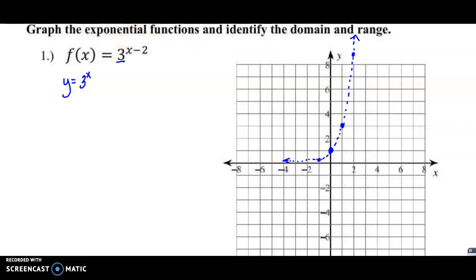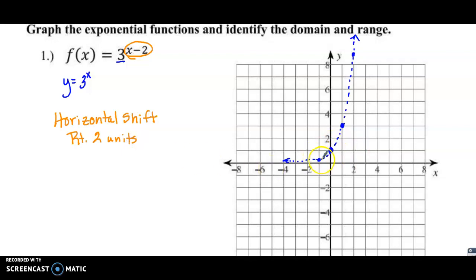We still have some transforming to do because we have this x minus 2, which tells us we're going to have a horizontal shift. And we go the opposite direction. So if it's a minus, we know we're going to go to the right 2 units.